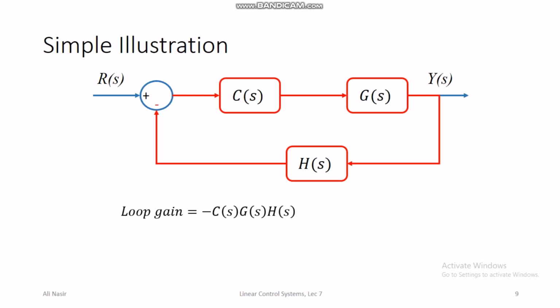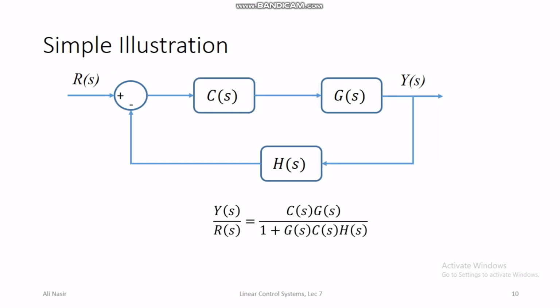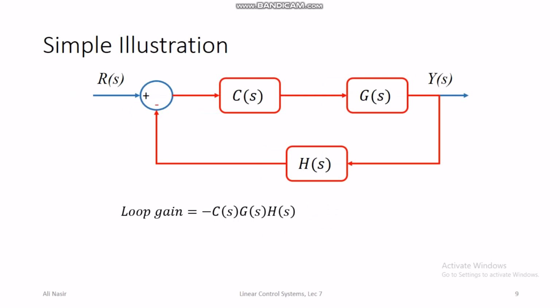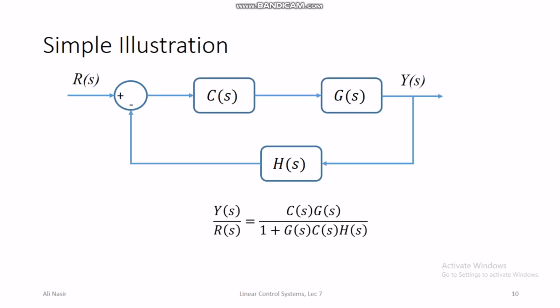If we apply our formula direct path over 1 minus loop gain, since the loop gain is minus c of s g of s h of s, 1 minus the loop gain will be 1 plus c of s g of s h of s. So the transfer function becomes y of s over r of s is equal to c of s g of s divided by 1 plus c of s g of s into h of s.